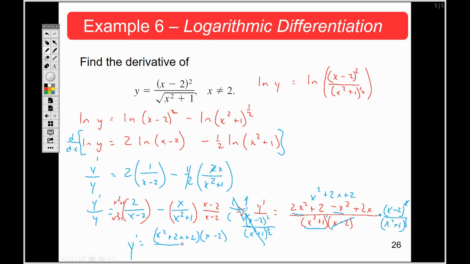And then in the denominator, this 1 and another half is going to give me x squared plus 1 to the 3 halves. Which, if you like, this wasn't that bad. It wasn't hard. A little bit of steps, but not hard compared to trying to do the product or the quotient rule and the chain rule. I didn't have to really mess with that too much.